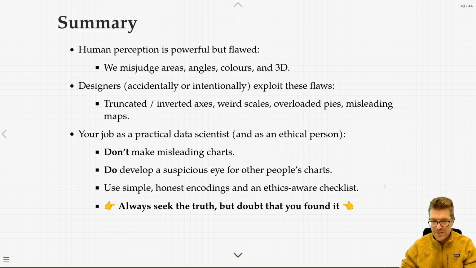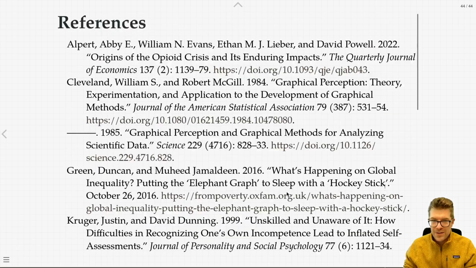But it's good to ask questions. Use simple, honest encodings. Use an ethics-aware checklist like the one I just mentioned. And the main thing is always try to find the truth, even if it means dropping what you previously thought was the truth, and doubt that you found the truth, and doubt other people who claim that they found the truth also. We have a good amount of citations for you to dig into here.